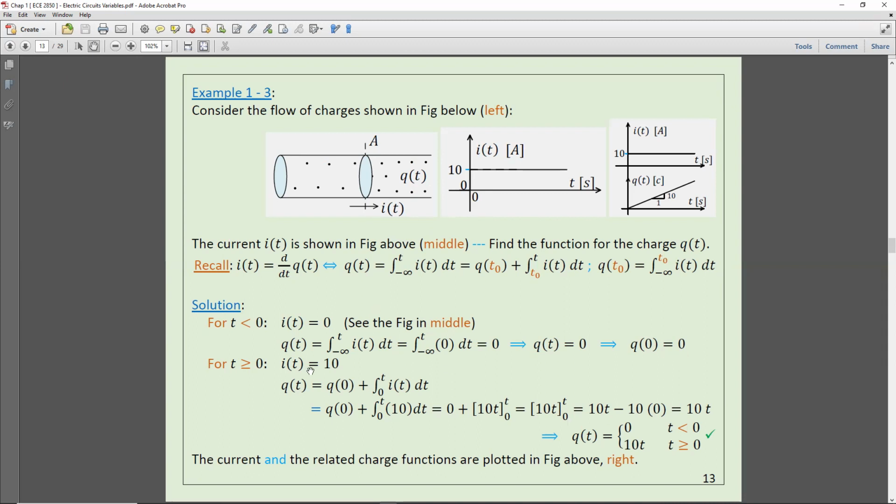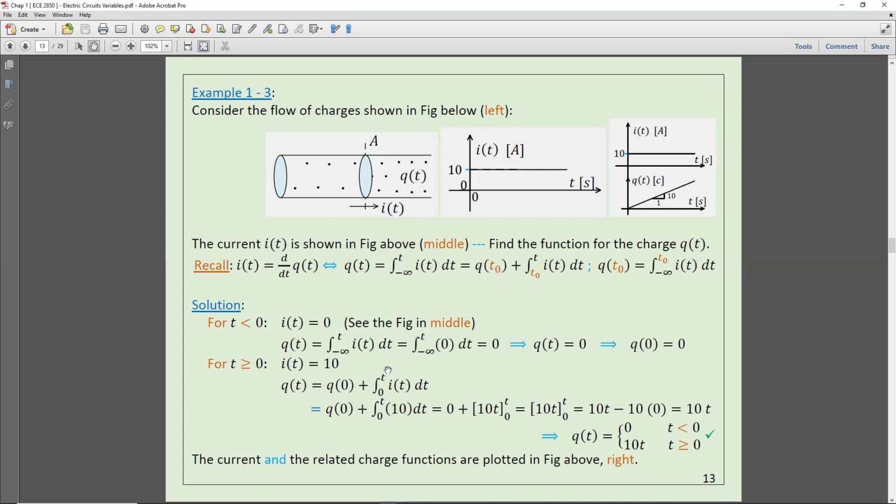Now let's look at this part here. In this part, i is constant, equal to 10. This is the formula we're going to use. Q of t is equal to Q of 0, which is the initial value, where t0 is time 0.